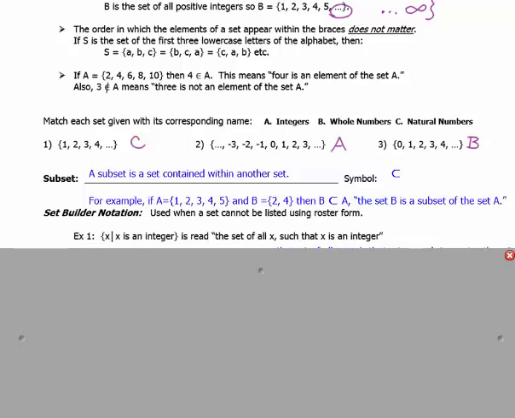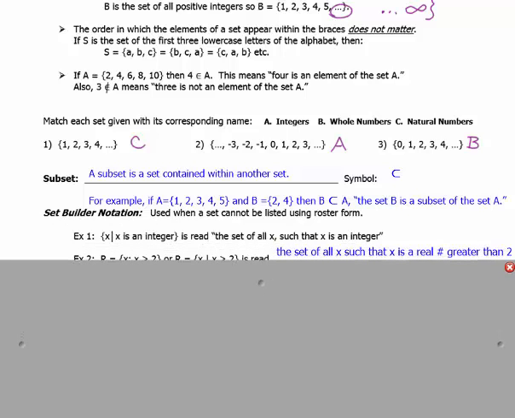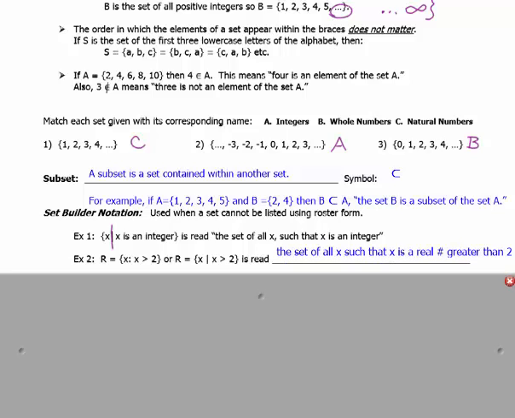Example 1: in words, this says the set of all x, where the vertical line means such that, x is an integer. The second example says R is a set that contains x, and the colon also means such that: the set of all x such that x is a real number greater than 2. This R is in the set of real numbers. And we'll look at some other ways of saying that.